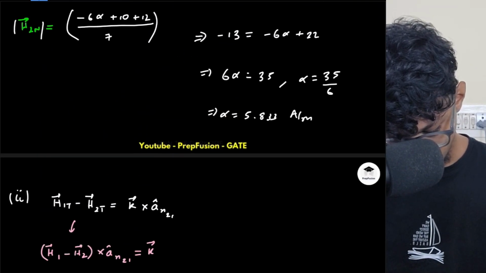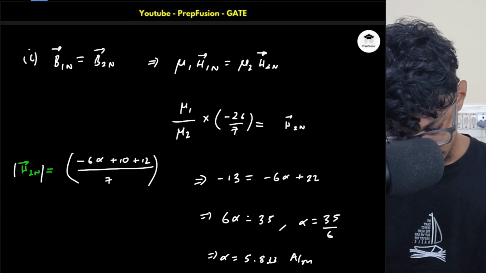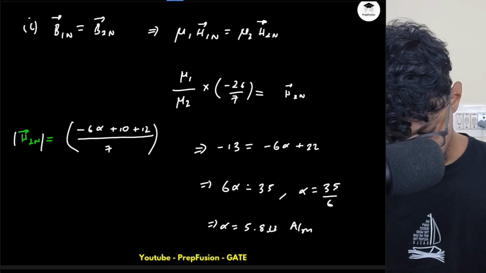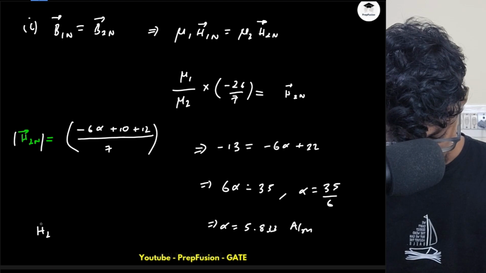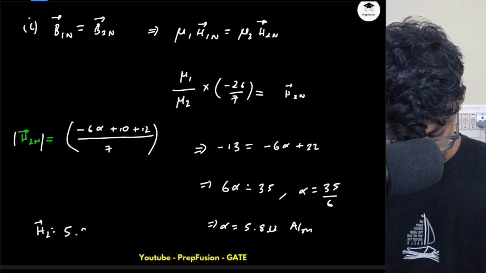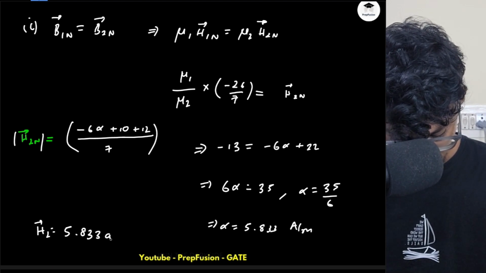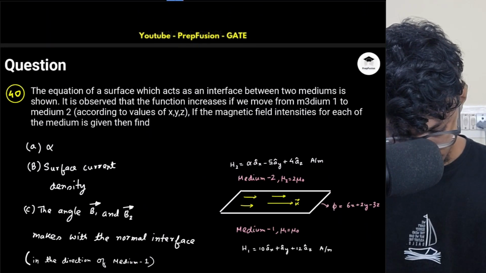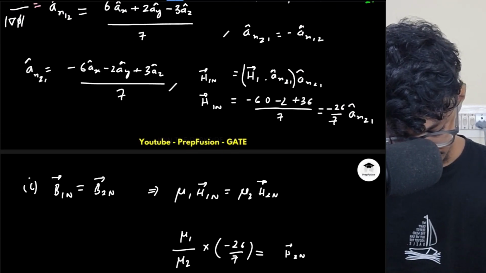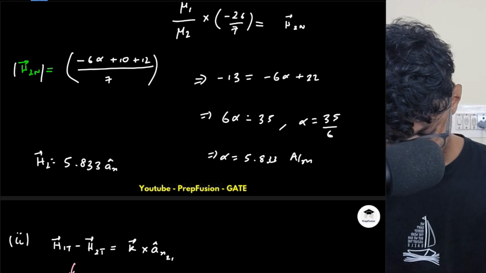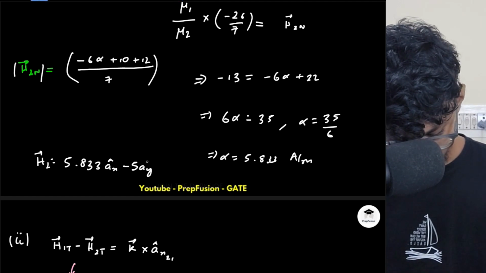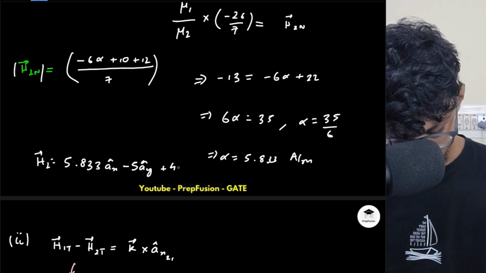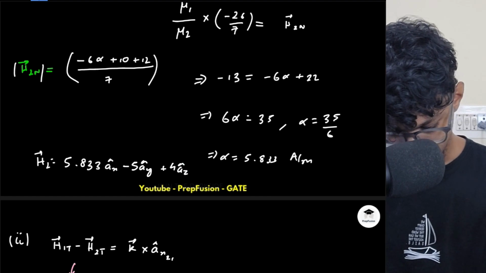Okay, next the actual magnitude. So the H2 comes out to be what? This alpha is 5.33, so my H2 value is what actually? 5.833 ax cap, minus 5 ay cap plus 4 az cap.